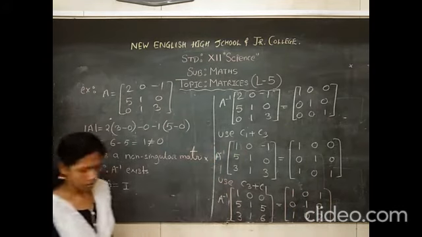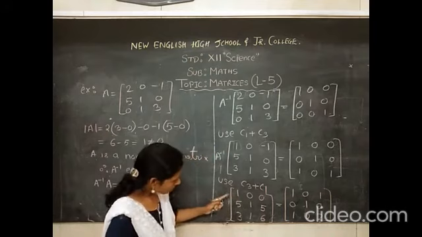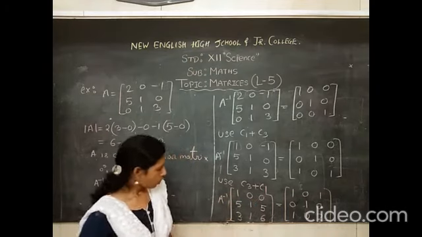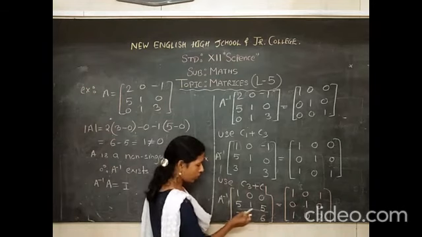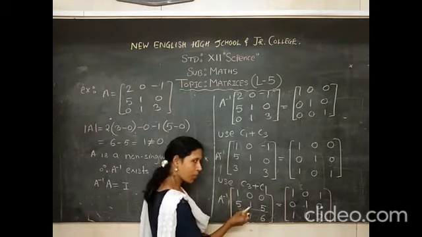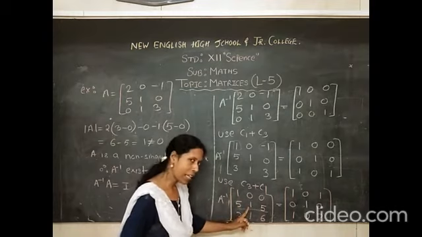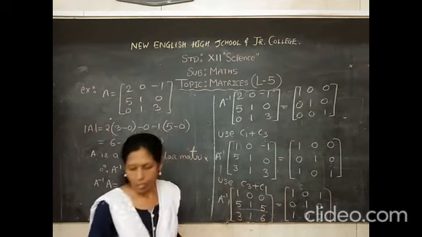Now, what you want to do over here? First row we are done. Second row: in second row we want to make here 0, 1, 0. 1 is already here. Just we will make it 0 with the help of 1. So C1 minus 5 times C2. Similarly C3 minus 5 times C2.